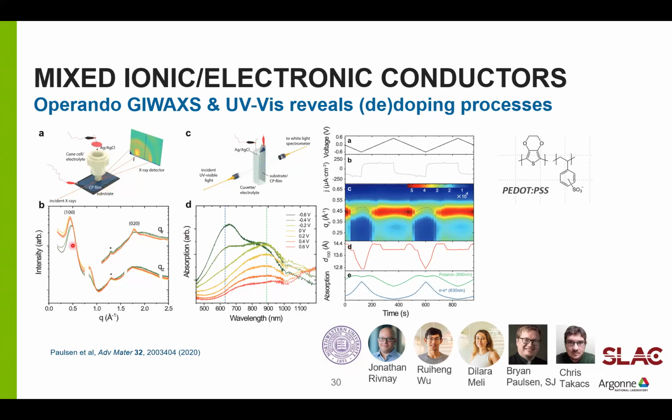And you can see from the line cuts, both in the in-plane and out-of-plane direction, that there are noticeable differences depending on the electrochemical state. They can also do similar things working with UV-vis absorption spectroscopy.